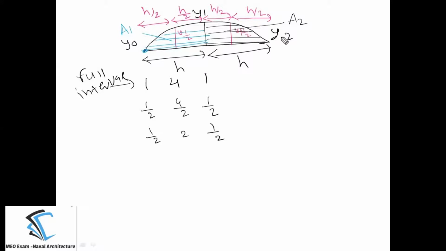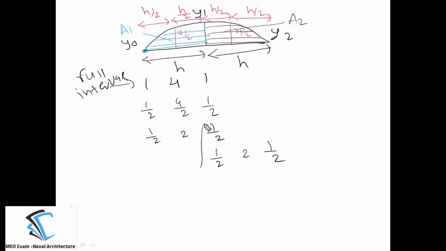Coming to region number 2, here also there are 3 ordinates, and it is a half interval, so the Simpson's multiplier for the second region is also 1 by 2, 2, 1 by 2.